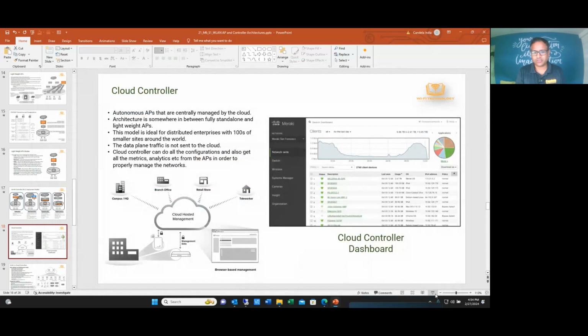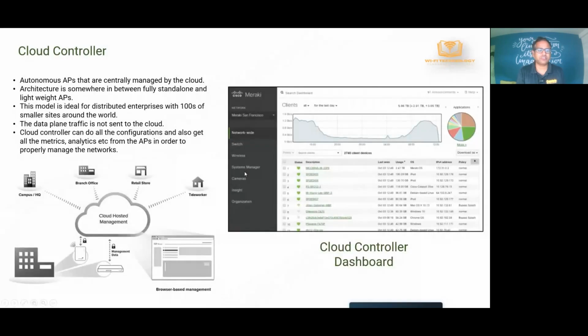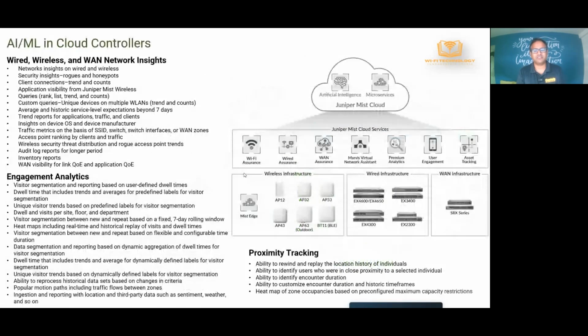And of course, after cloud controllers, we have even more advanced technology where we are trying to incorporate machine learning and artificial intelligence into the controller technology, essentially trying to take the IT person out of it, not having to do a lot of work, right? Because the network is self-aware and self-healing, and the way you do this is by collecting a lot of data.